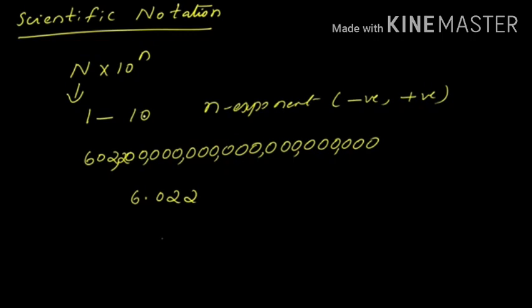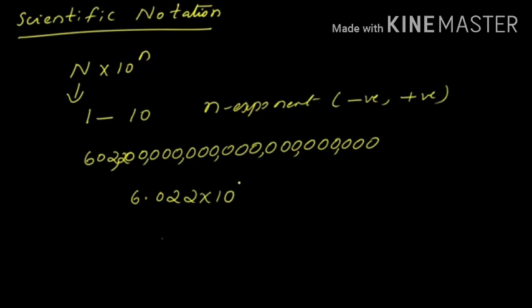Capital letter N, we know, should have a value between 1 and 10. So in the Avogadro number, it will be the first digit, that is 6. So we will write 6.022 into 10 to the power of, then we need to find out the power. In order to find that exponent, we have taken 6.022.